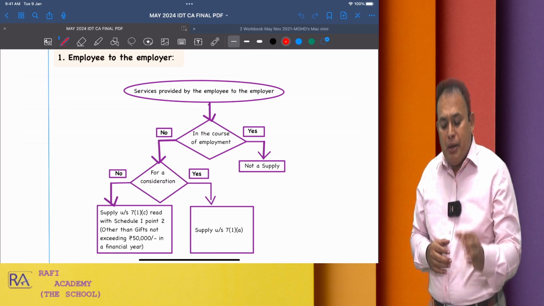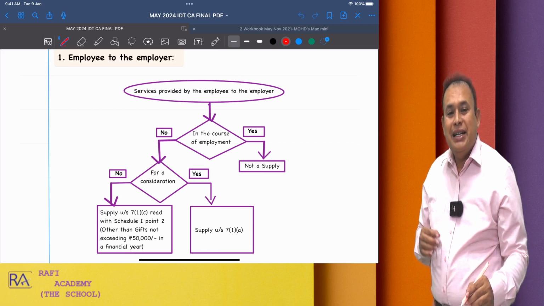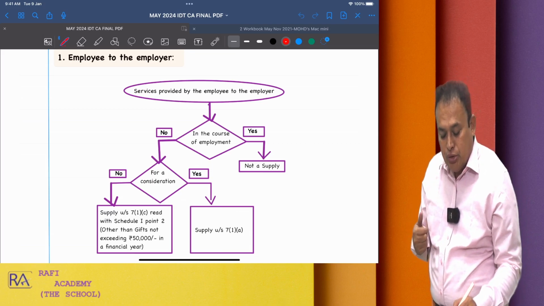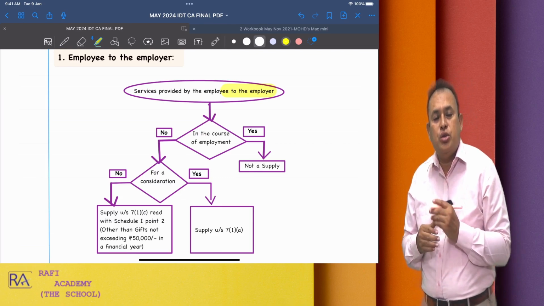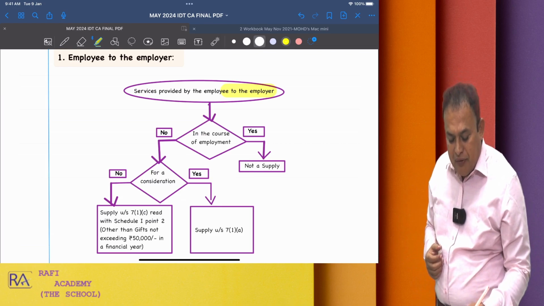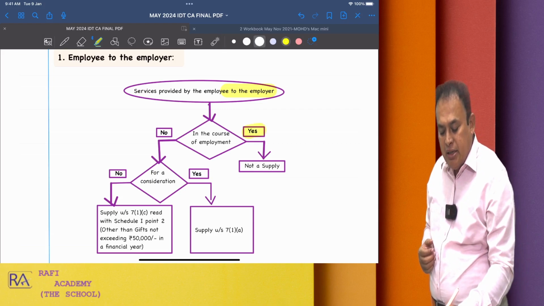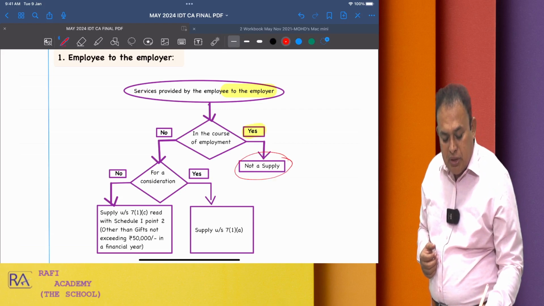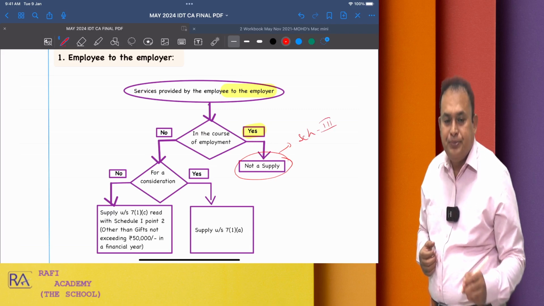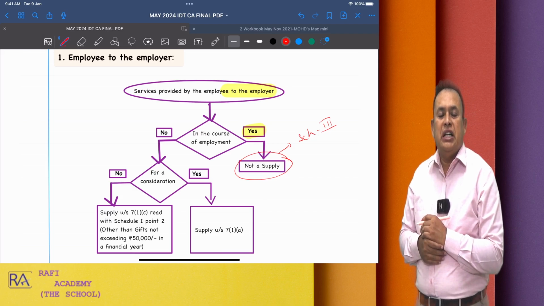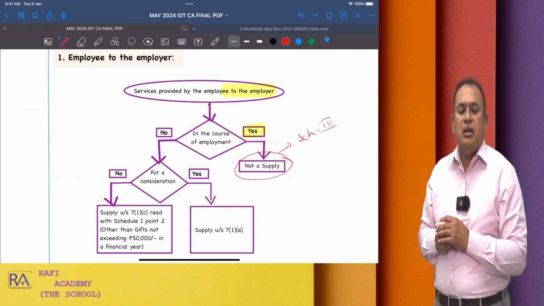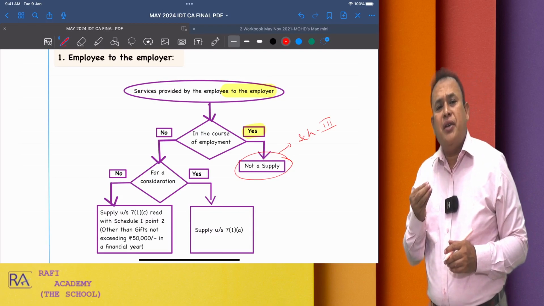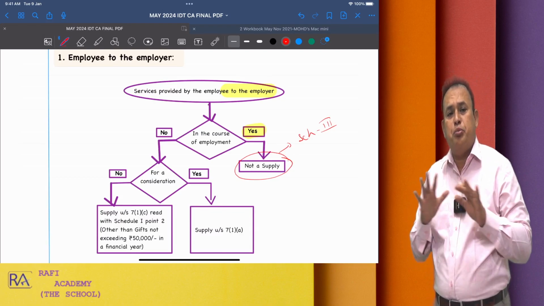Services provided by the employee to the employer in the course of employment, yes sir, then supply excludes. It is a Schedule 3 transaction. Not going to attract the GST. No supply, no GST.